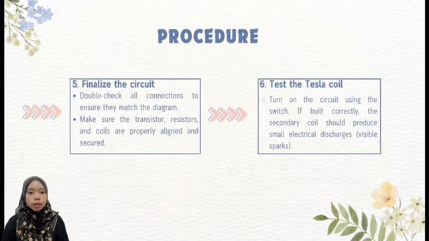For step 5, finalize the circuit. Double check all connections to ensure they match the diagram, and then make sure the transistor, resistors, and coils are properly aligned and secure. And then the last step is test the Tesla coil. Turn on the circuit using the switch. If built correctly, the secondary coil should produce small electrical discharge, visible sparks.